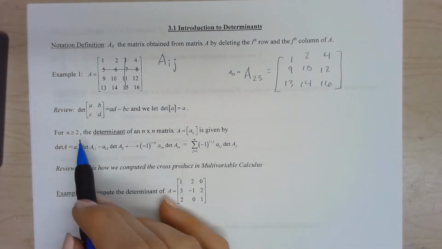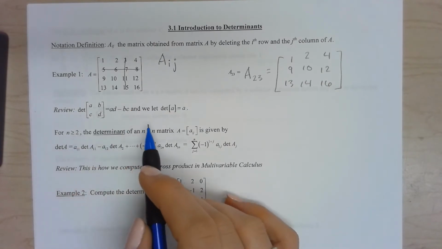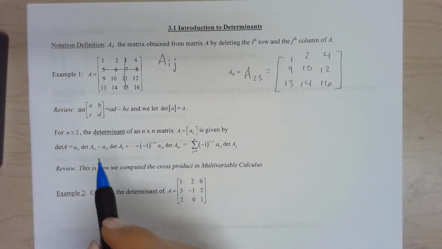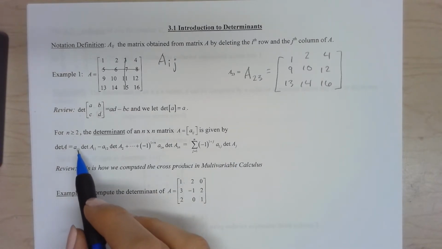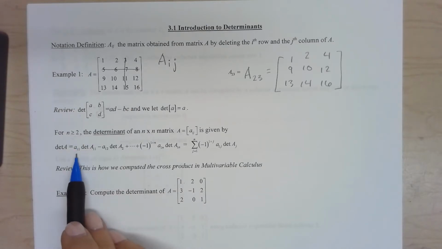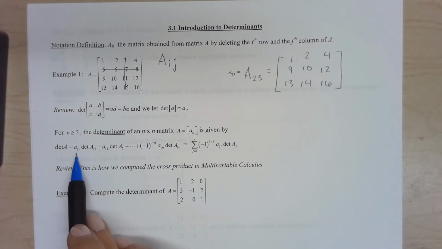But in general, for any matrix of size greater than or equal to 2, the determinant is given by this here. We have chosen one row to go across, so I'm sticking with row 1. You can see this is A_11 and then A_12, which means I've moved over one column. And these are the entries.